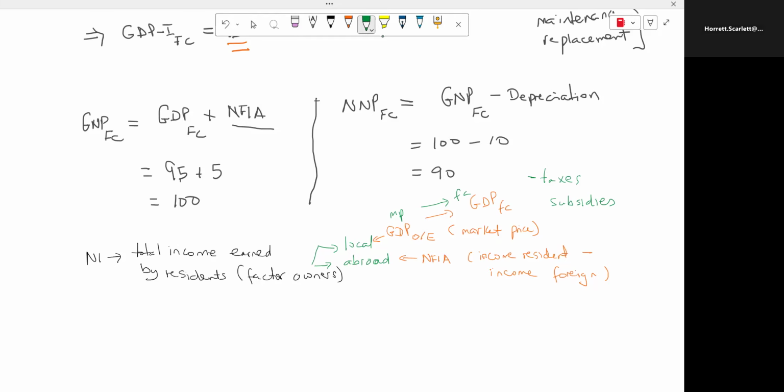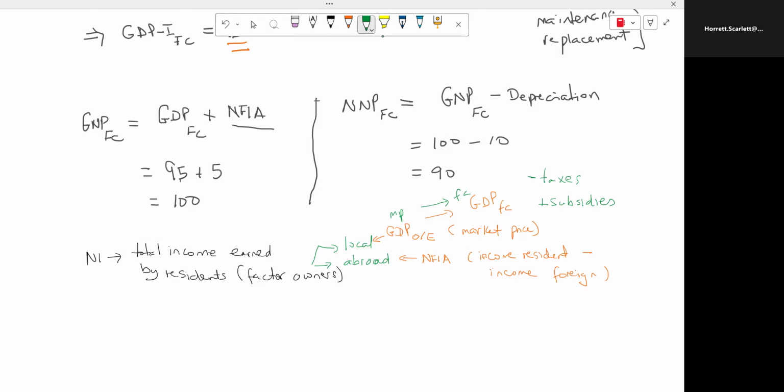The consumer pays, government pays $1 million, but the cost of the vehicle is $6 million. So it means that the subsidies are going to go to the factor owners. So if we are moving from GDP at market price to GDP at factor cost, then we need to remove the indirect taxes and we need to add the subsidies.